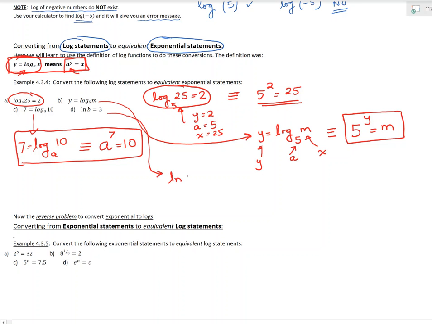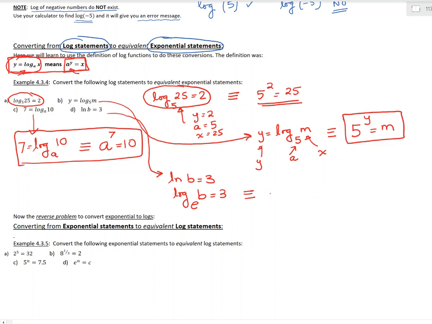this one, ln of b is equal to 3. Now remember, whenever you see ln, it actually means log, and the base is e, of b equals 3. So this guy's equivalent would be a raised to the power y.